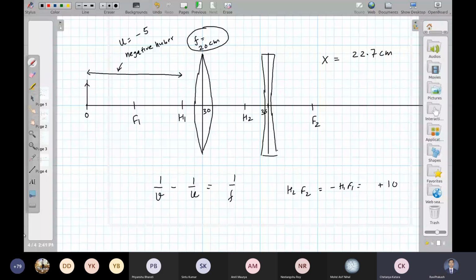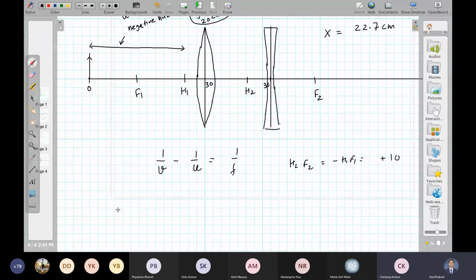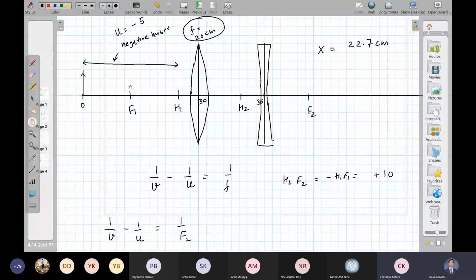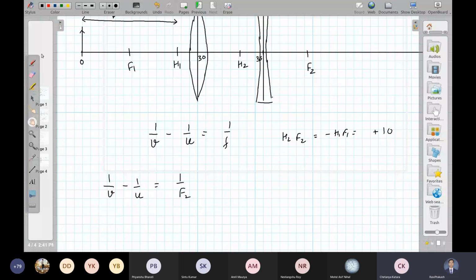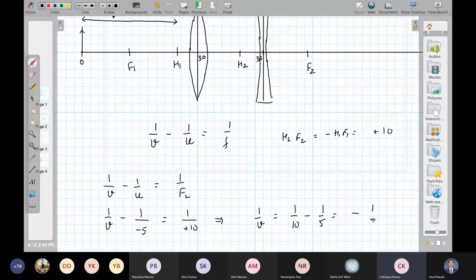I want to know where the image is. I will use this formula: 1 upon v minus 1 upon u is equal to 1 upon f2. Image I want to know. Position of object I know, at a distance of 5 units on the left. So 1 upon v minus 1 upon -5 is equal to 1 upon +10. What I get? 1 upon v is equal to 1 upon 10 minus 1 upon 5, means minus 1 upon 5, right?